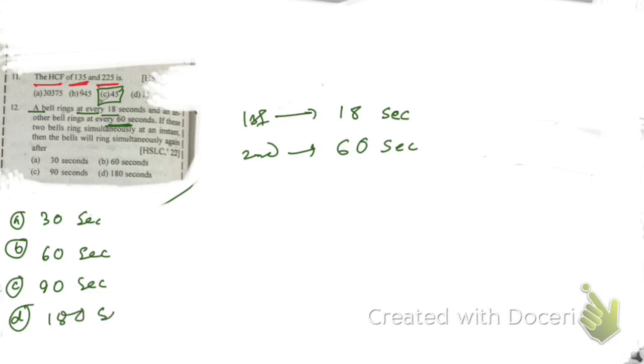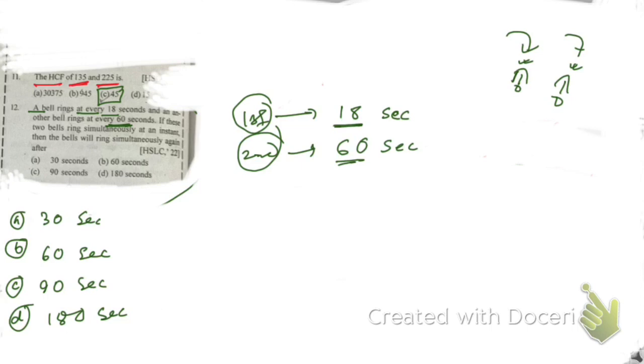Now remember this case. If you start two things simultaneously, so you have two bells, the first one and the second one, and they start at the same time and ring after a regular interval, but in these two cases the interval is different, 18 and 60.